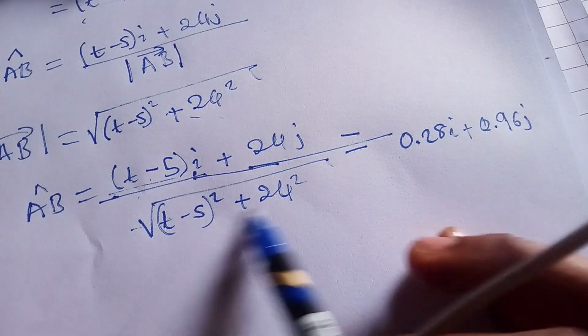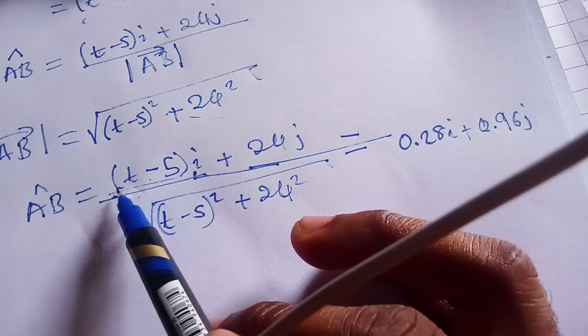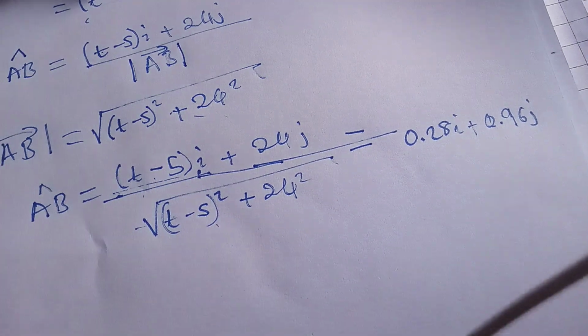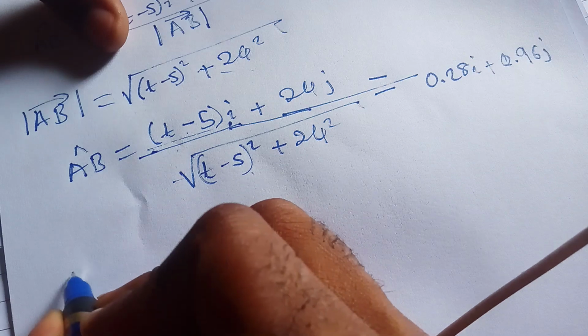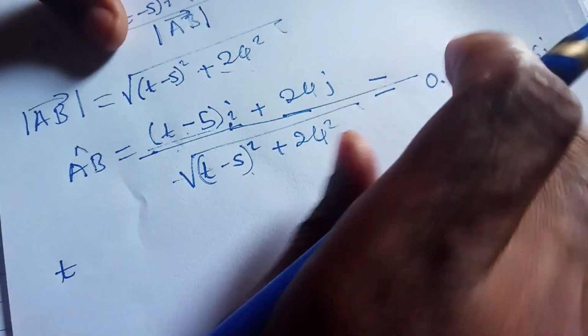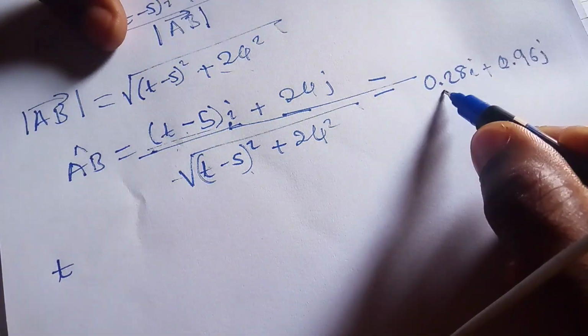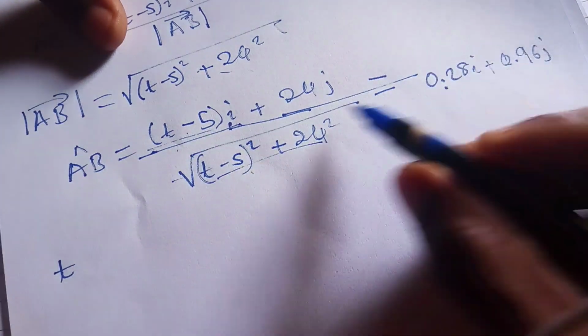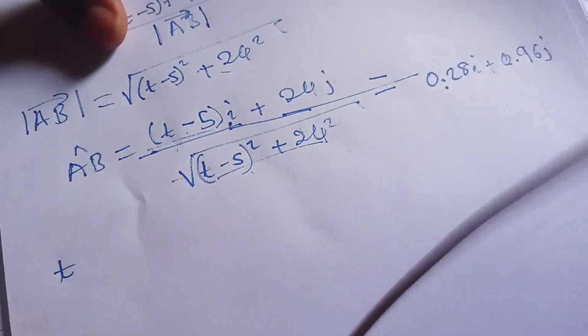This one here, 24 over this, and then this one is t minus 5 over this. So you can say, since these two are the same, then the coefficients of i must be the same and the coefficients of j must be the same.